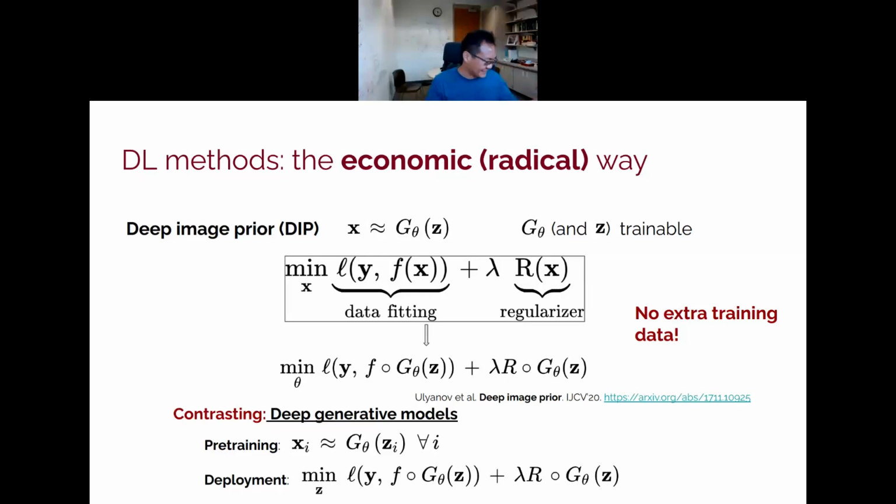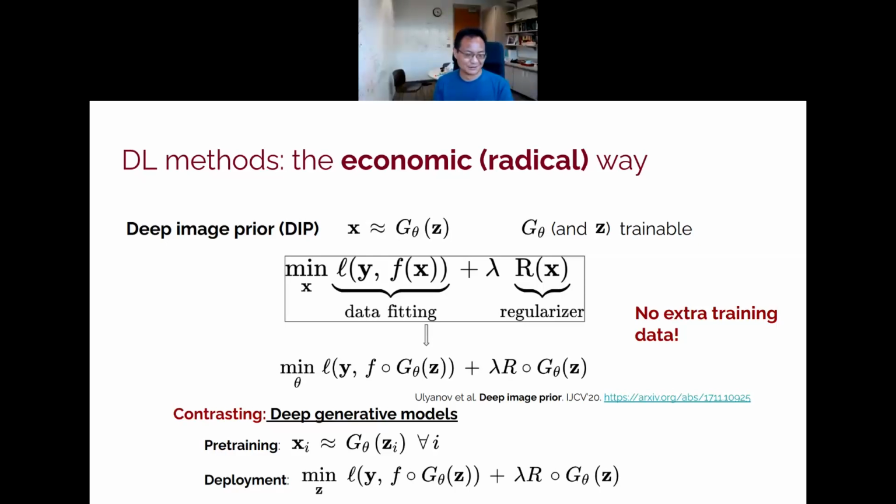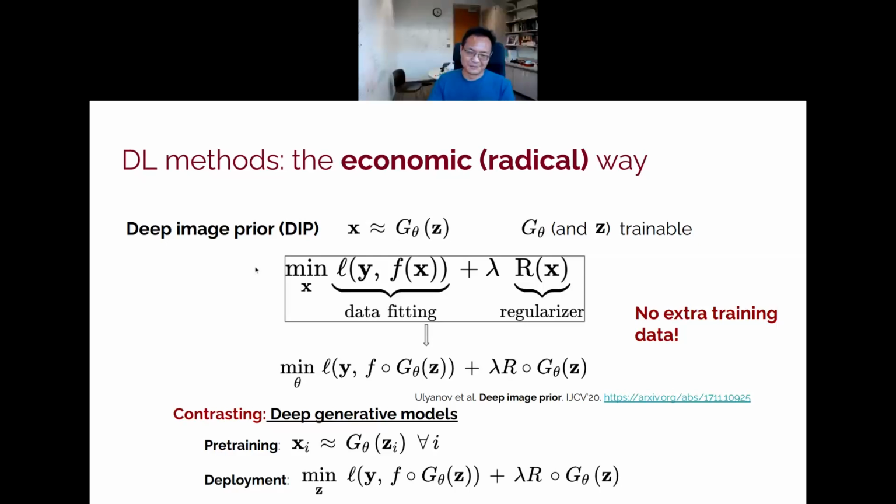Okay. Yes, that's why people complain that we are subject to the same problem as the traditional iterative method, right? You have to rerun this thing every time you see a new instance. Yes. This is just to replace the total variation by something else. Yeah, that's actually a good way of thinking about that. That's why this thing is called a deep image prior. Total variation we can think of as one kind of prior for natural images, right?